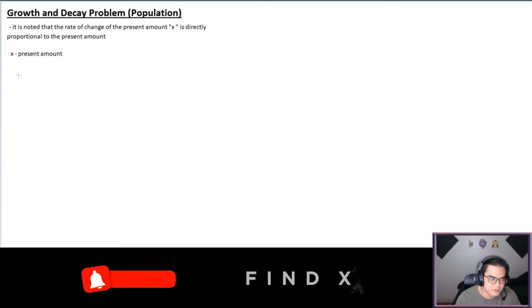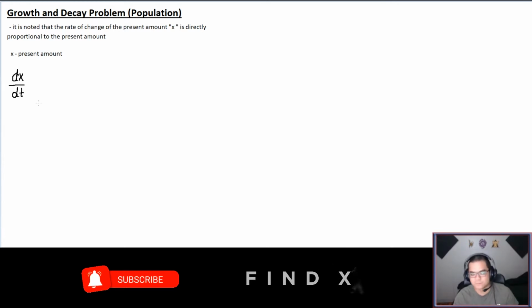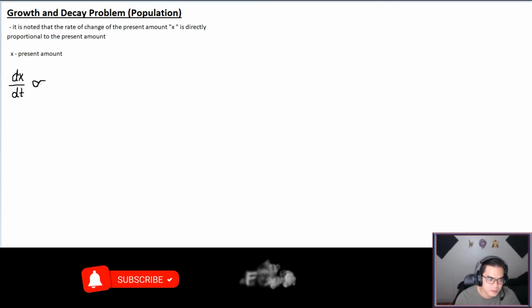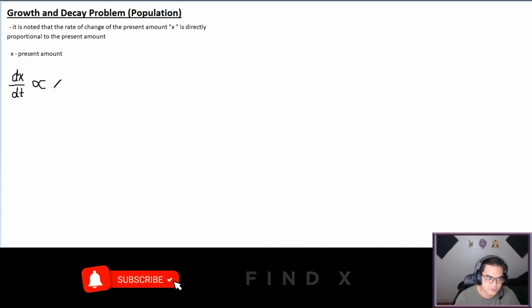Therefore, we can simply say that this is dx over dt, the change of x with respect to time, which is directly proportional to the present amount, which is also x.